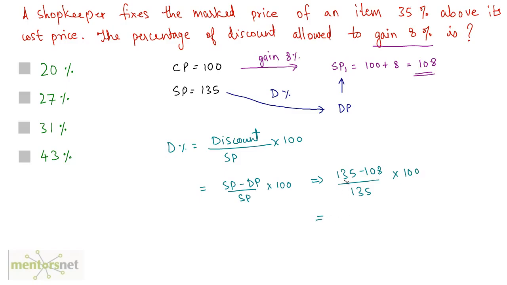So 135 minus 108 is 27 by 135 times 100. So 9 times 3 is 27, and 9 times 15 is 135, and 3 times 5 is 15. So this is equal to 100 by 5, and that is 20%. So the correct answer is option A.